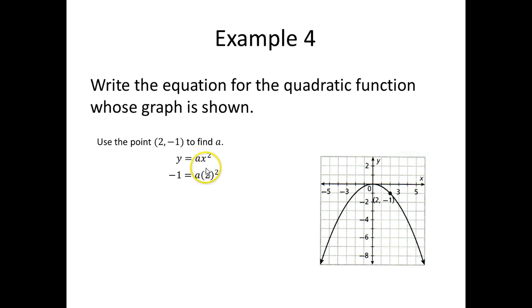So x is our input, which is 2 in this case, and whenever I put a 2 into this quadratic function, I get out a -1. So the following equation must be true about this function. Now all I need to do is solve for my variable a. Notice that I have -1 equals a times 4, since 2 squared is 4, and to solve for a I simply divide both sides by 4. So I get that a has to be equal to -1/4. This gives me the equation for the function being -1/4 x squared.